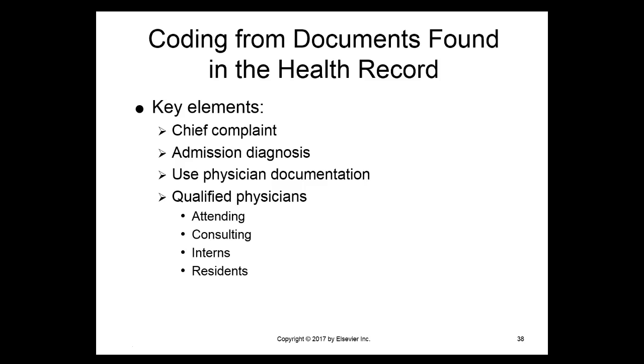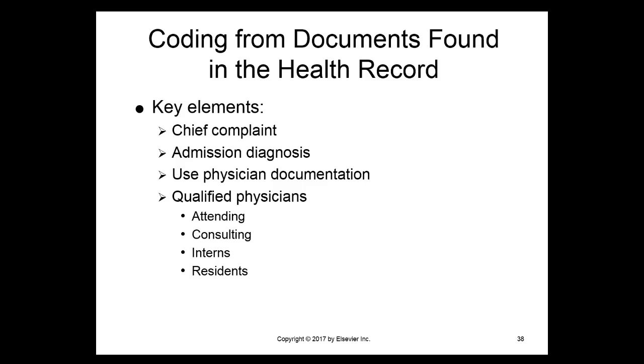When we're coding, we're looking at the documentation to determine the principal diagnosis, and we have talked about what that definition is. We don't only code from a physician discharge summary because physicians aren't required to know what the coding guidelines are. They aren't required to know what the definition of a principal diagnosis is.